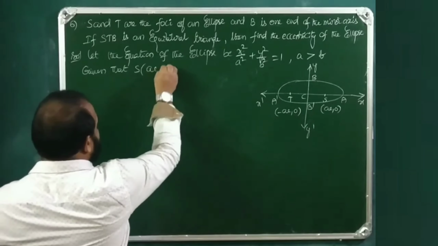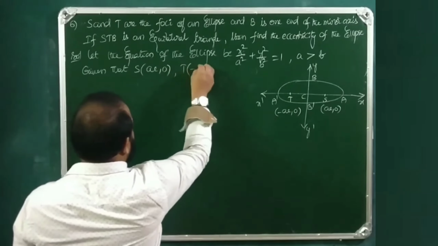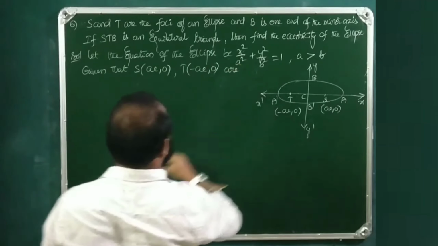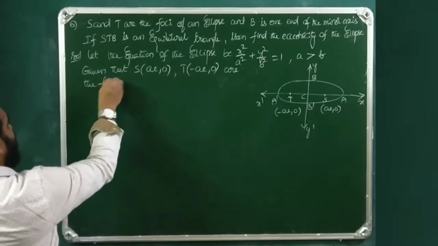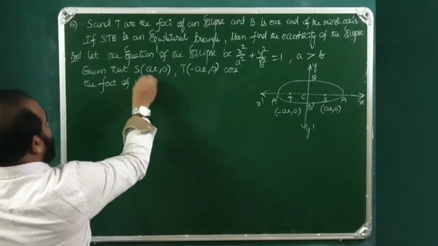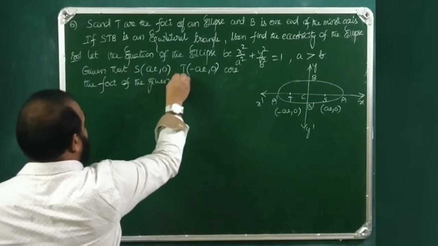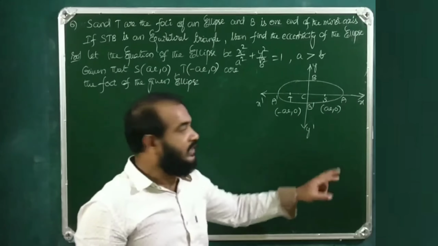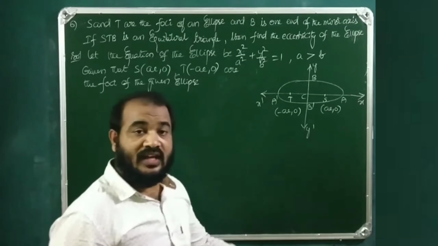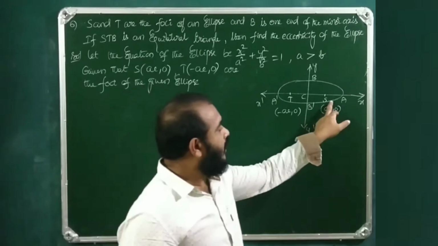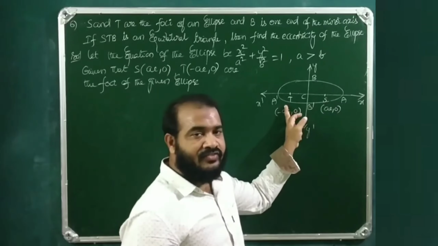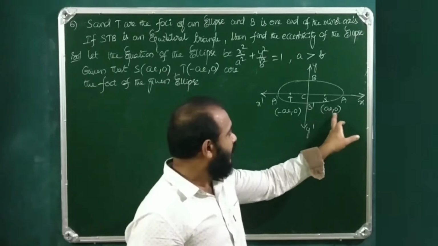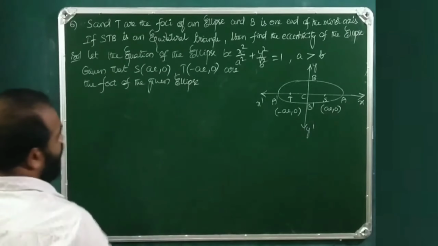Given that S AE comma 0 and T minus AE comma 0 are the foci of the given ellipse. Because for the ellipse x square by A square plus y square by B square equals to 1 with A greater than B, foci are S and S dash. Here instead of S dash he has given T, which is plus or minus AE comma 0.